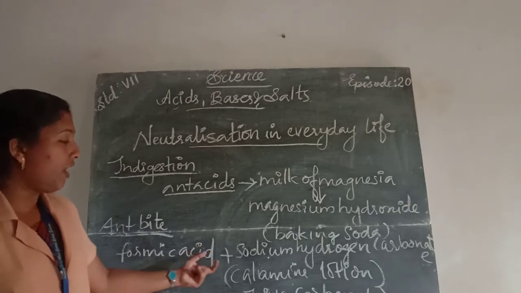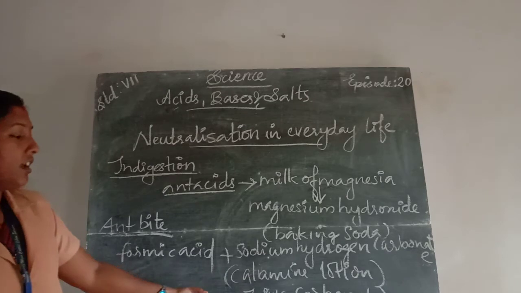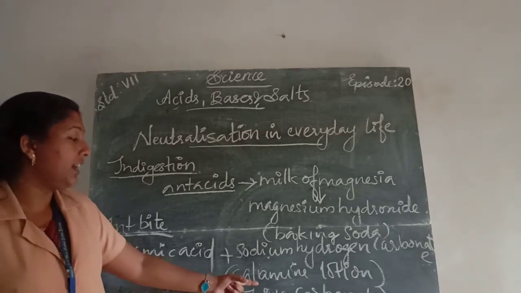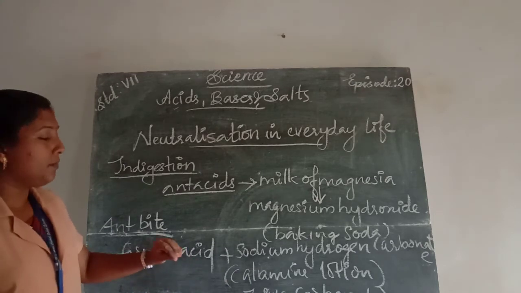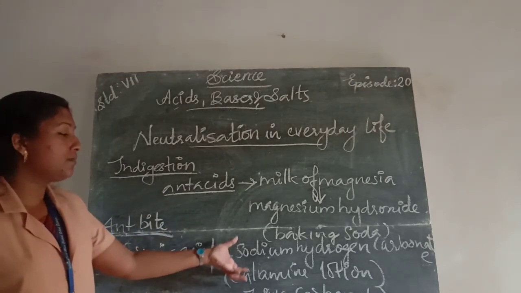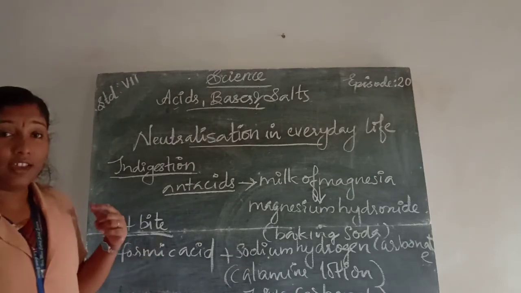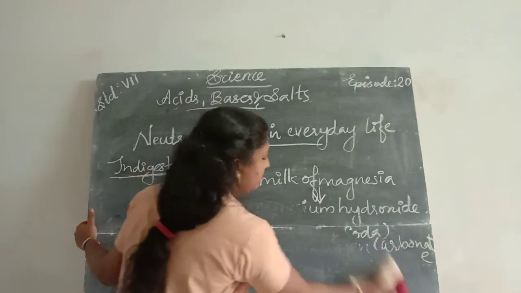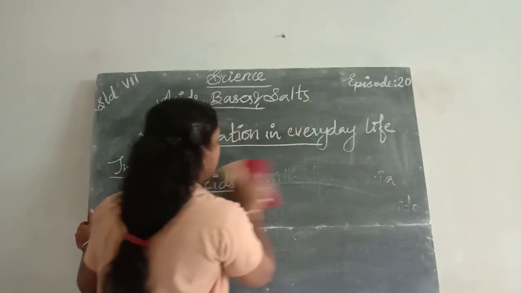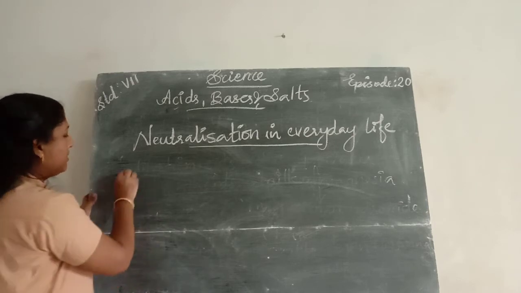At that time we rub sodium hydrogen carbonate or zinc carbonate containing calamine lotion onto the bite position. These bases neutralize the formic acid. Okay, then we learn about soil treatment.